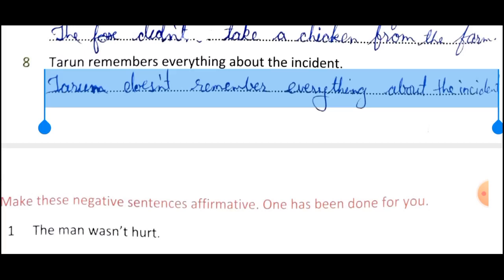When s is added to the main verb, that means does is hidden in it. So you have to separate does, and after that add not, and then the verb will be converted to its original form. So remembers will change into remember after separating does from it. Then the sentence will be written as: Tarun does not, or you can write, Tarun doesn't remember everything about the incident.